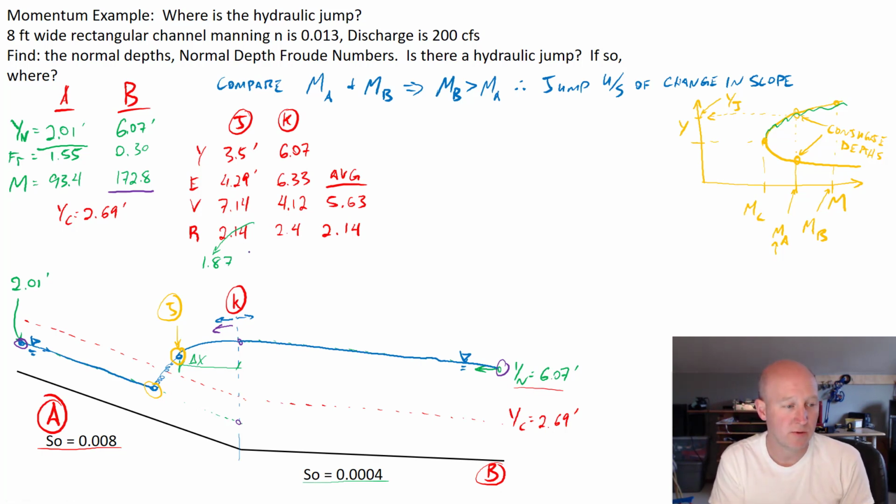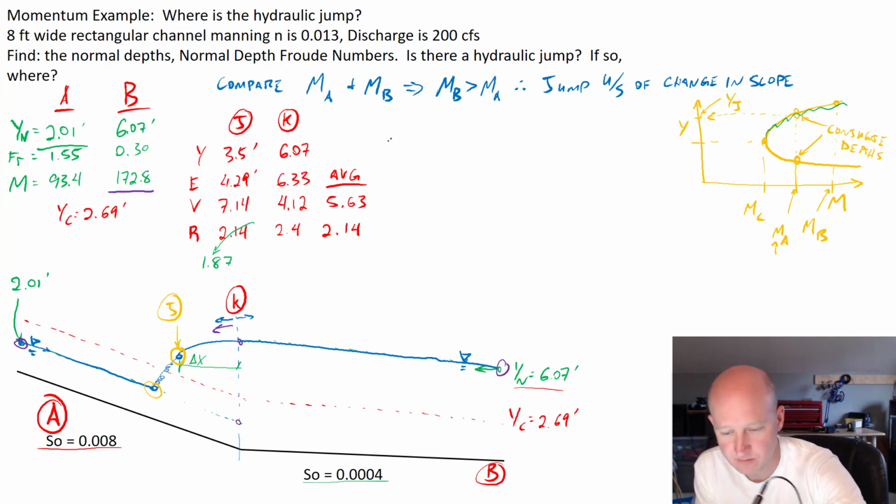Okay. So now we need to get the average slope of friction. That's the rearrangement of the Manning equation. Let's write that equation down real quick.